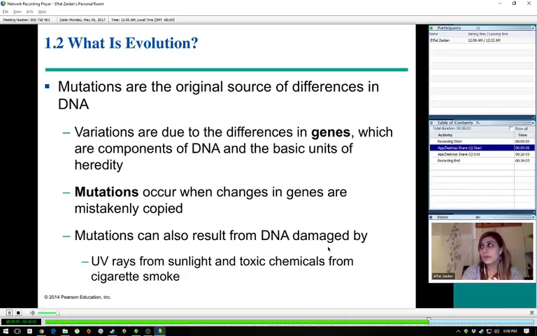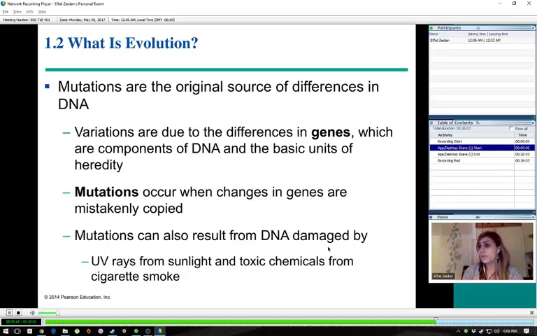We all hear that we're not supposed to be outside in the sun when it's really hot without sunscreen, and we're not supposed to be exposed to UV rays for a long time. This is because exposure to such things, such as UV rays or toxic chemicals or cigarette smoke, are all capable of mutating our DNA.